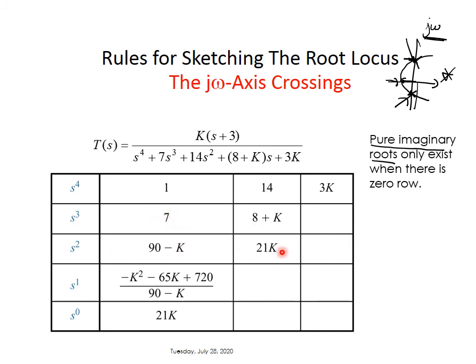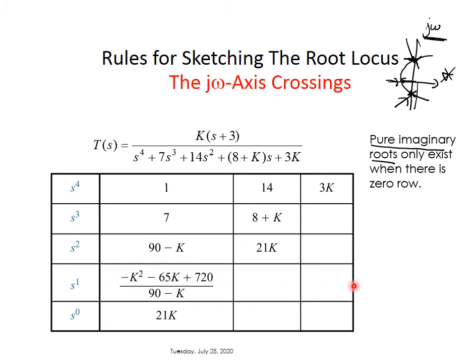Can this one be 0? If you want to make this particular row 0, imagine if you put k equal to 0, so this one becomes 0, but this value here will become 90. So it is impossible to make it 0. So the purely imaginary roots can only happen here.